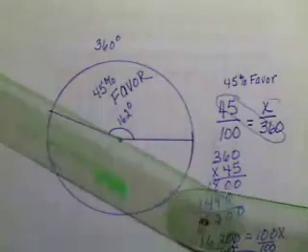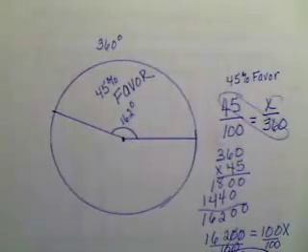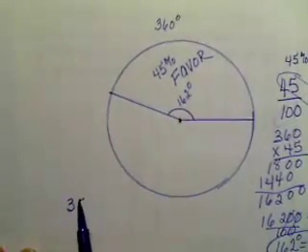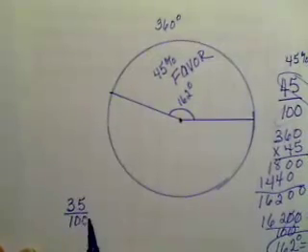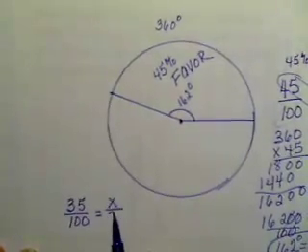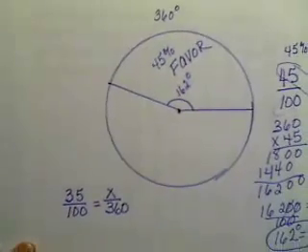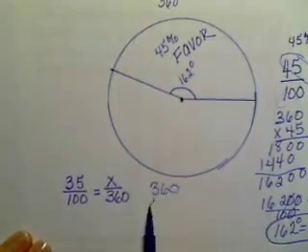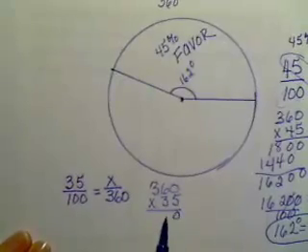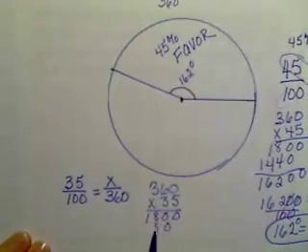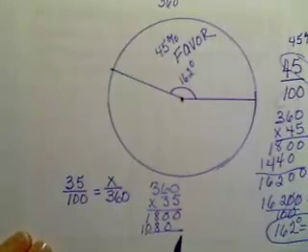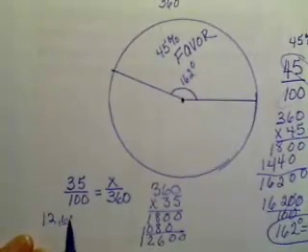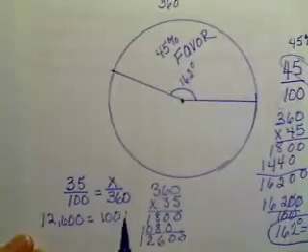There were 35% opposed. So we set up a proportion: 35 over 100 is equal to how many degrees out of 360? So I do cross products: 360 times 35 is 100x.